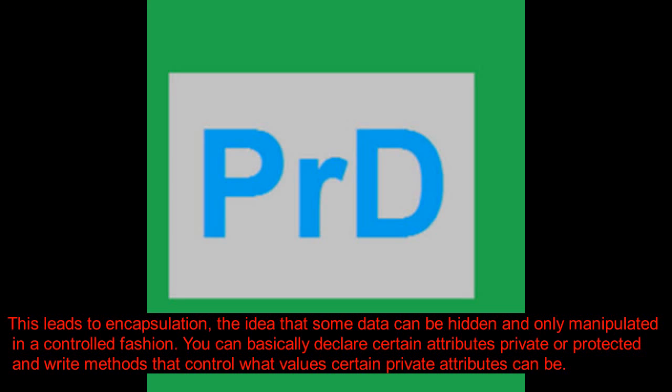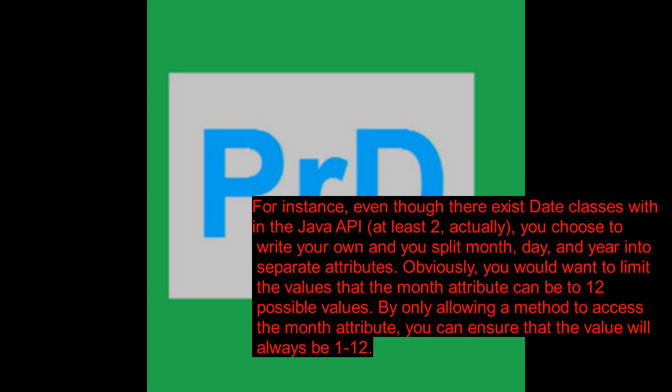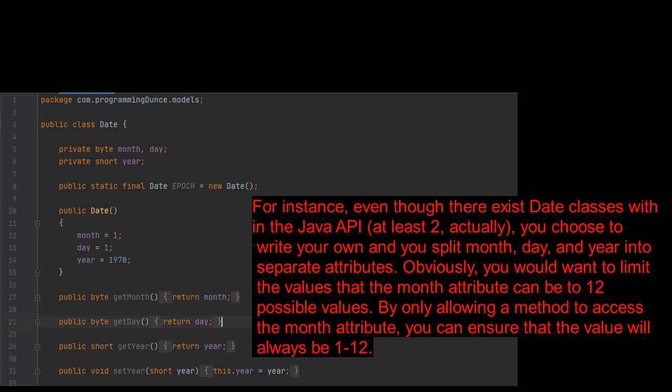This leads to encapsulation, the idea that some data can be hidden and only manipulated in a controlled fashion. You can basically declare certain attributes private or protected and write methods that control what values certain private attributes can be. For instance, even though there exists a date class within the Java API, at least two actually, you can choose to write your own, and you split month, day, and year into separate attributes.